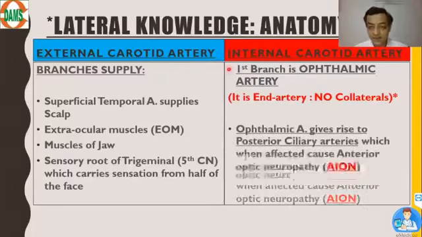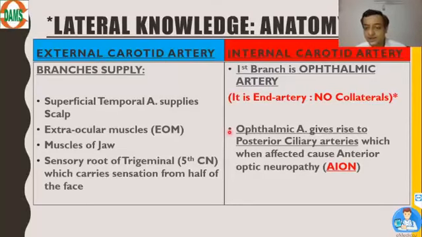The ophthalmic artery gives rise to the posterior ciliary arteries, which when affected, please note this point, cause anterior ischemic optic neuropathy.